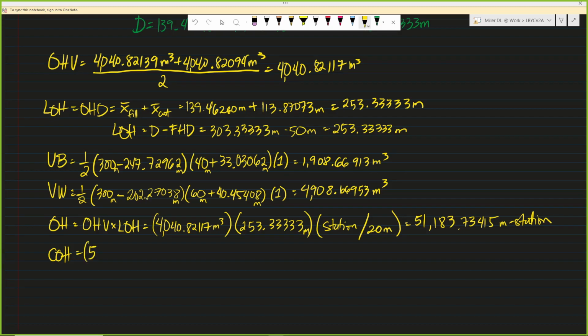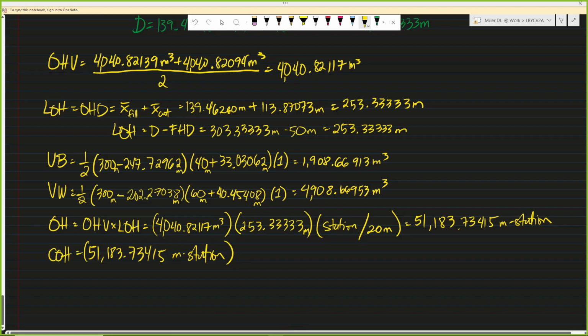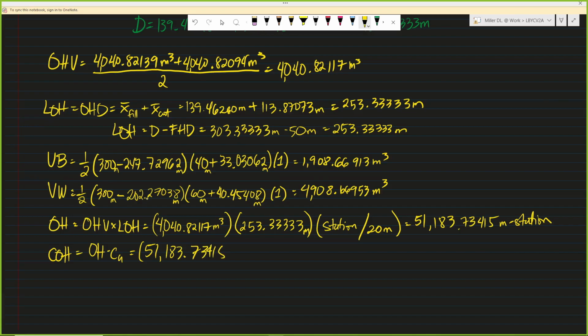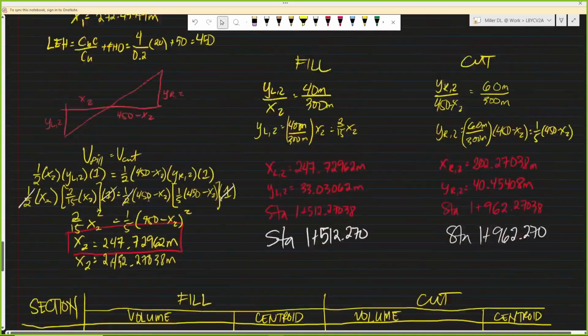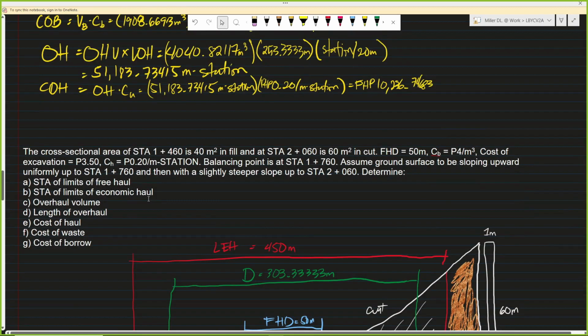So, 51183.73415 meter station times OH times C sub H. So, 51183.73415 meter station multiplied by, ang C sub H natin ay 0.2.